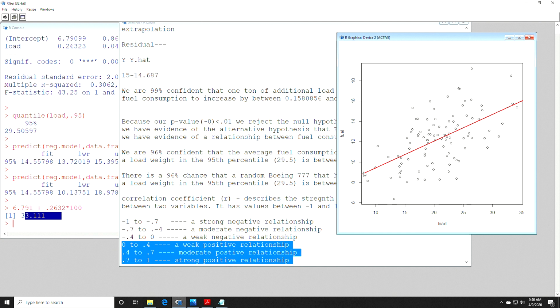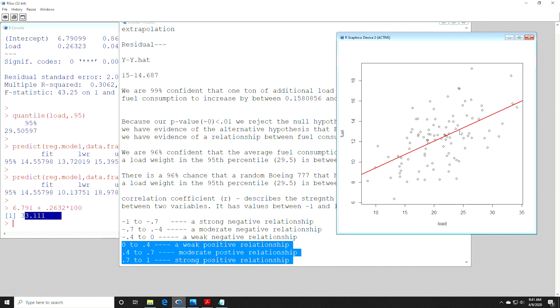It doesn't matter whether the slope is really steep or not very steep. If the points are scattered in this exact same way, just tilted up or down, the correlation is the same. The magnitude of the slope does not affect the magnitude of the correlation.